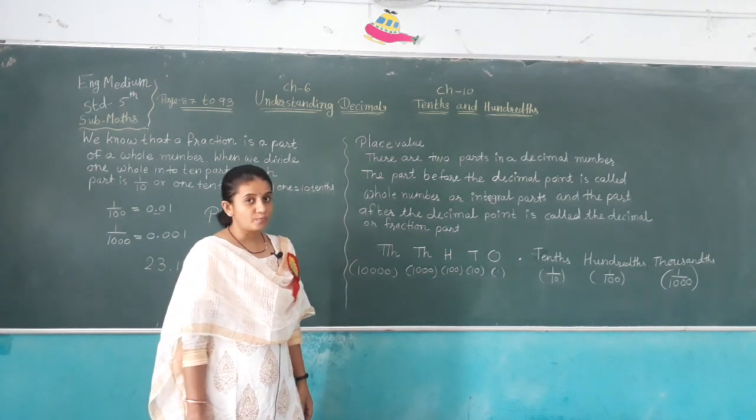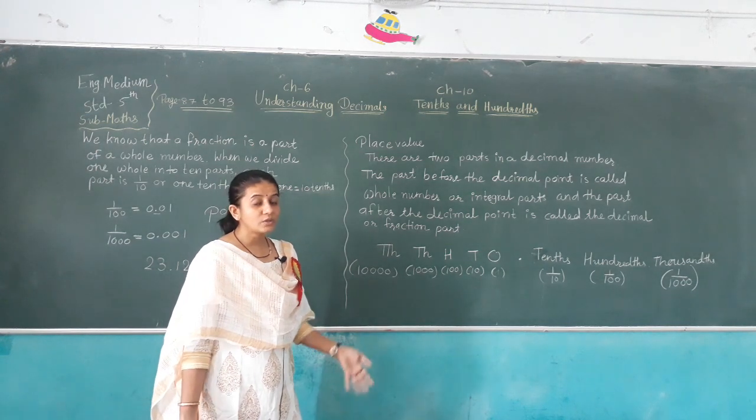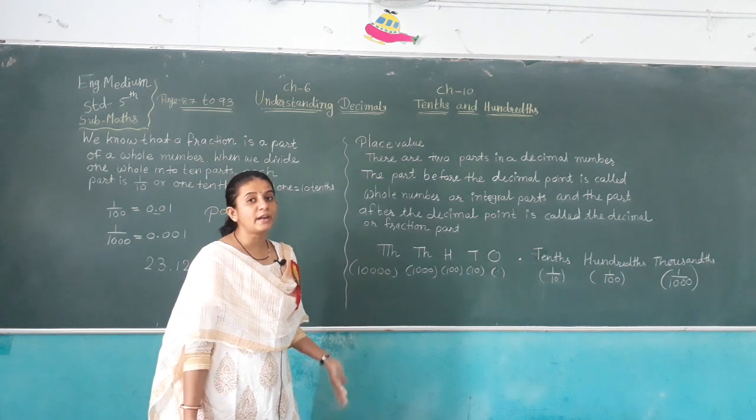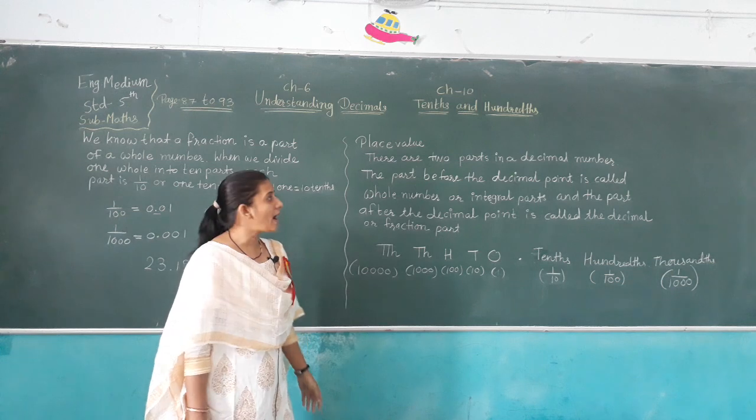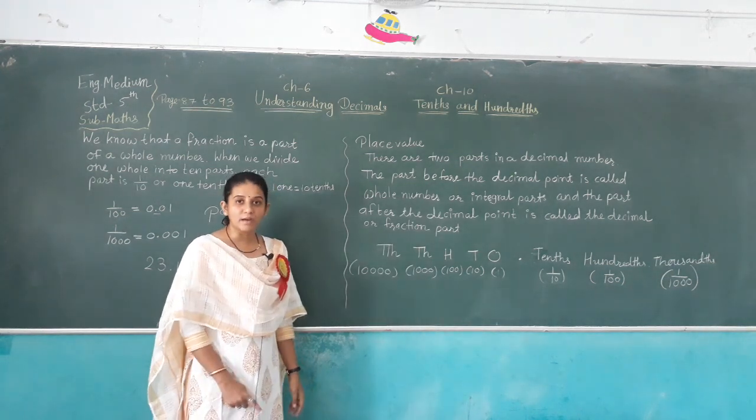Place value. You know place value: thousands, ten thousands, hundreds, tens, ones. But there are two parts in a decimal number.